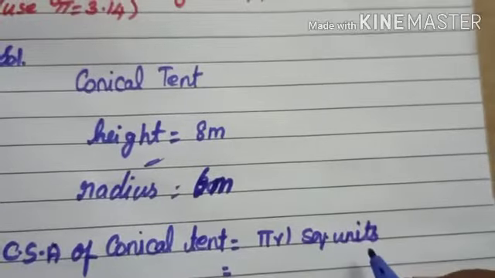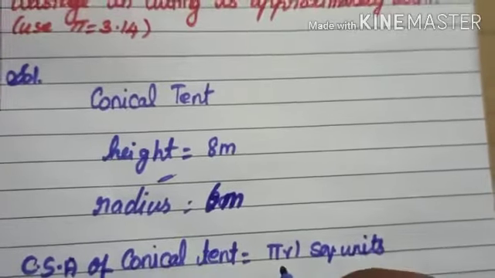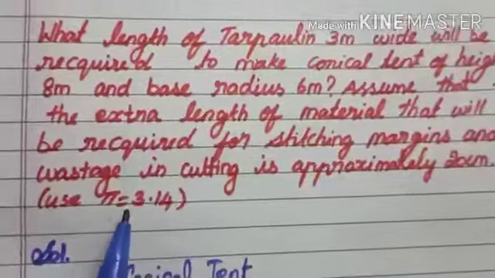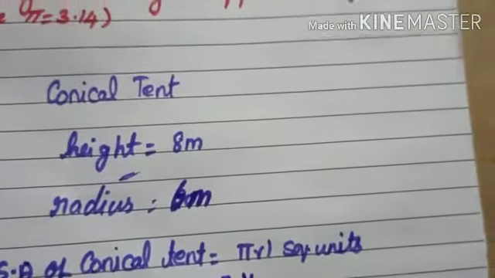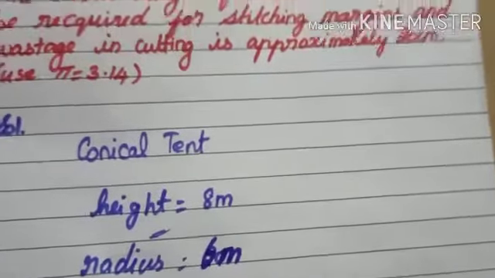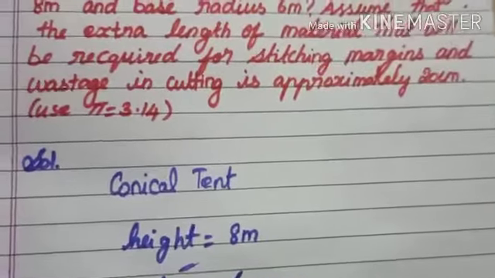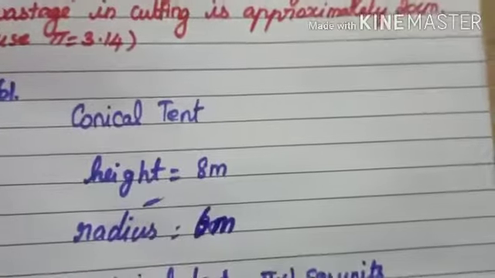The value of pi here is given as 3.14, into r, and r is 6.